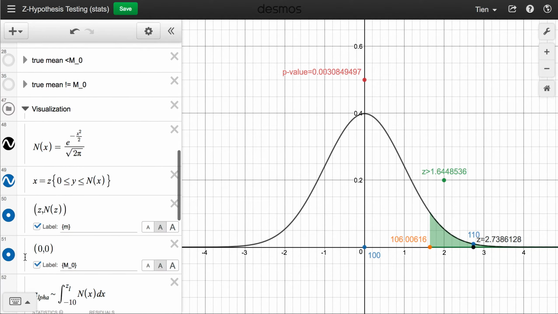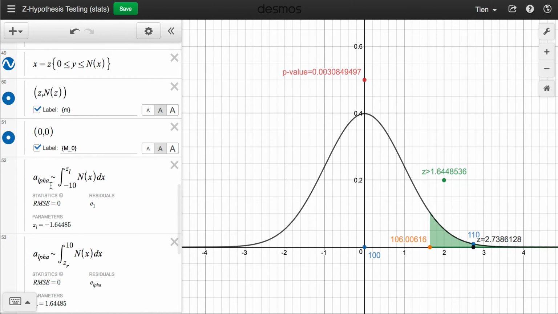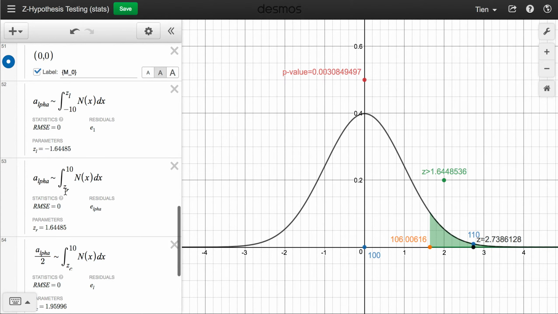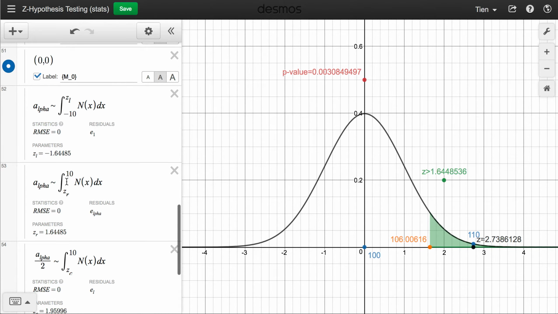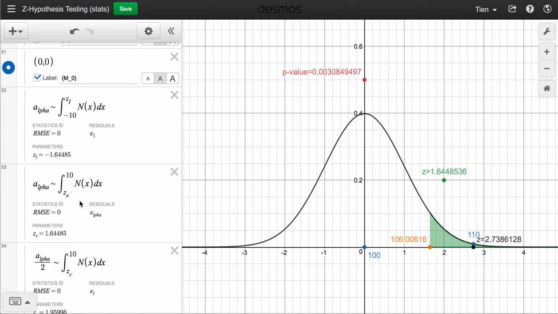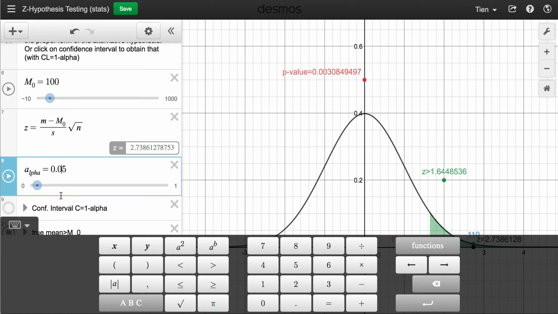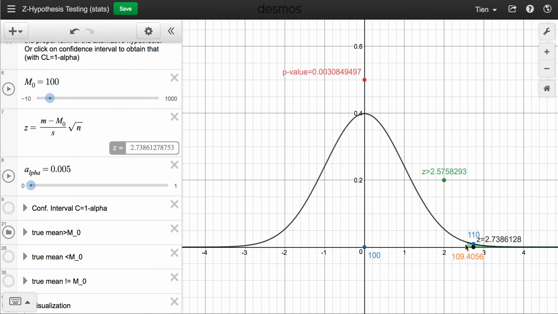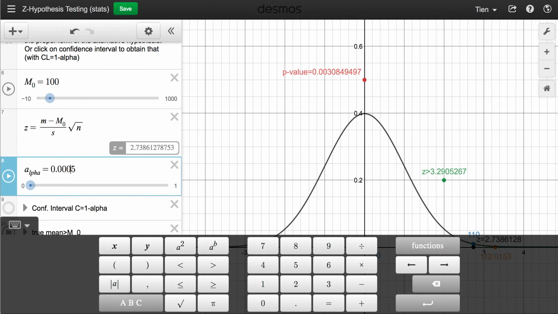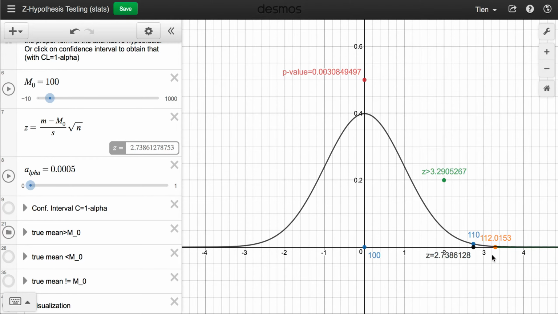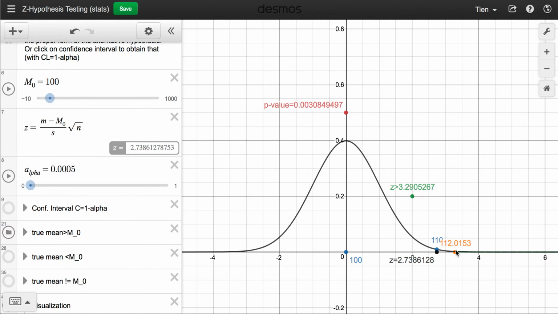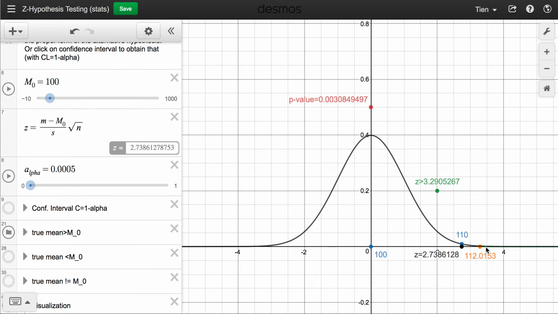If we go down to our visualization, we see that alpha is meant to be about z from the right up to 10, and 10 standard deviations away, it may as well be infinity. And this area under the normal curve here is meant to be about 0.05. Now let's say if I were to drop that down to 0.005, that definitely shifts things over to the right, not by a huge amount I suppose, but up to 112.